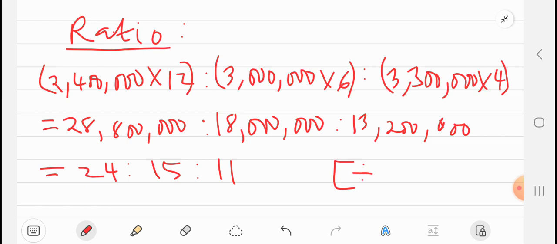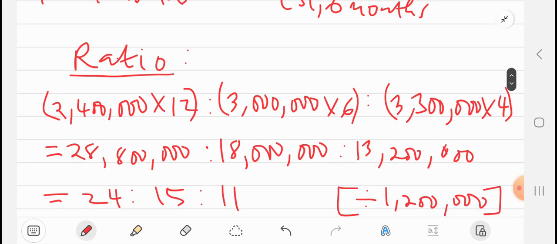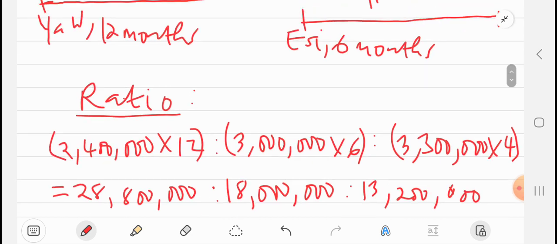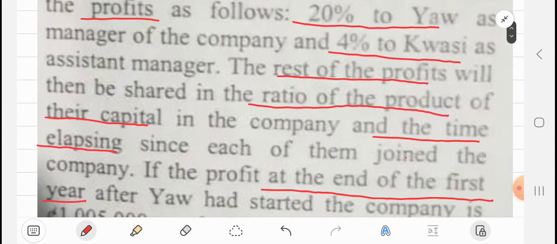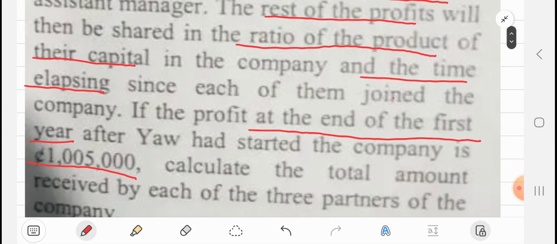Here I've basically divided each of the segments of the ratio by 1.2 million. Okay. And then now we've found the ratio of their capital and the time, the product of their capital in the company and the time. All right. Since each of them joined the company.